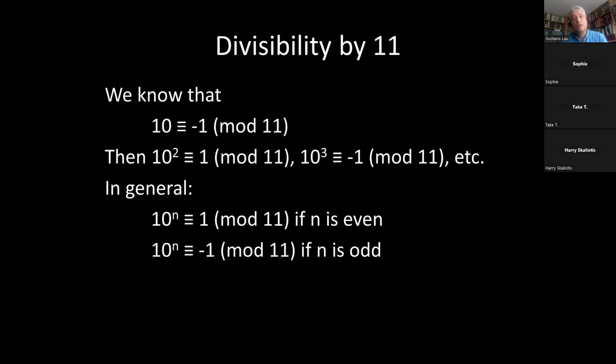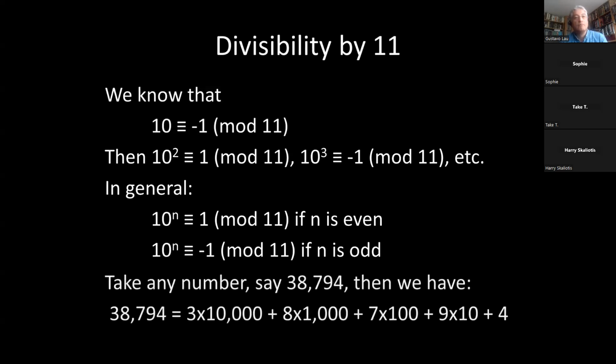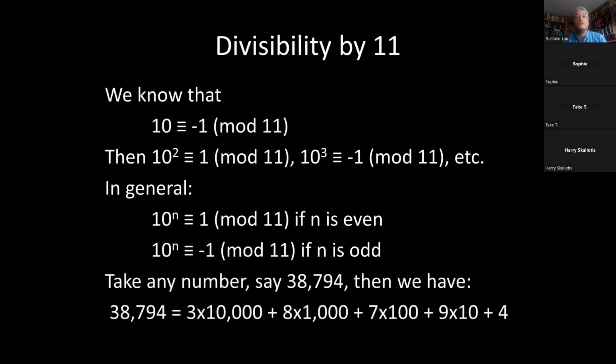So then, what you do in this case, let's say you want to check if 38,794 is divisible by 11, you write it this way, explicitly, because we use the decimal system.